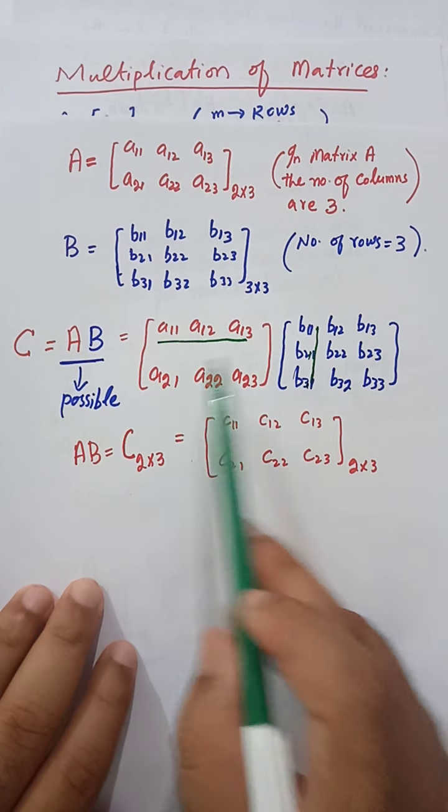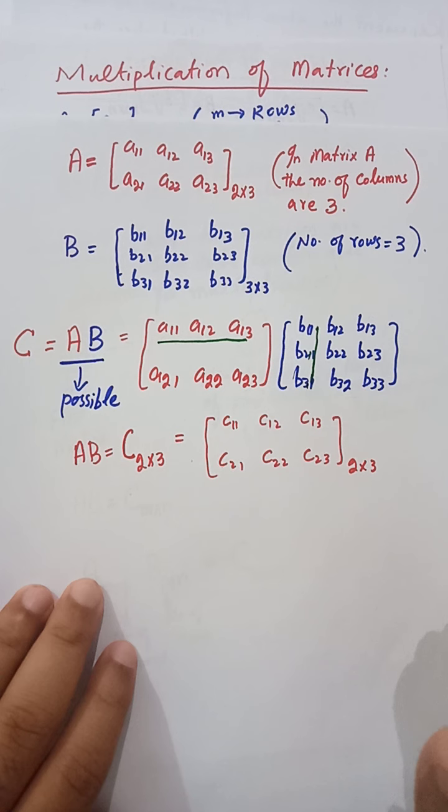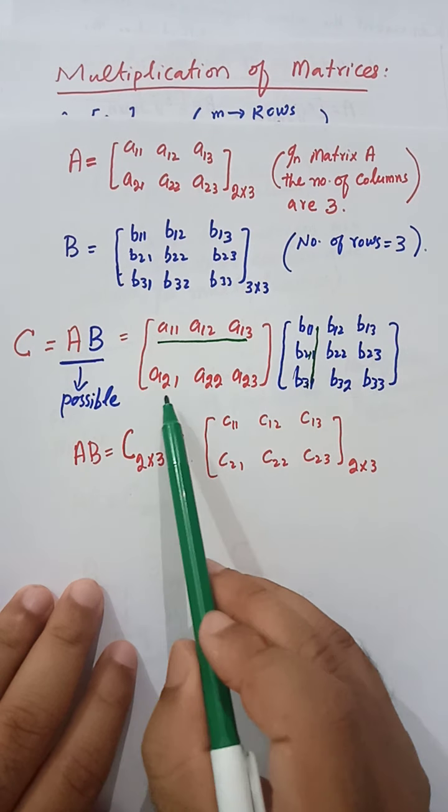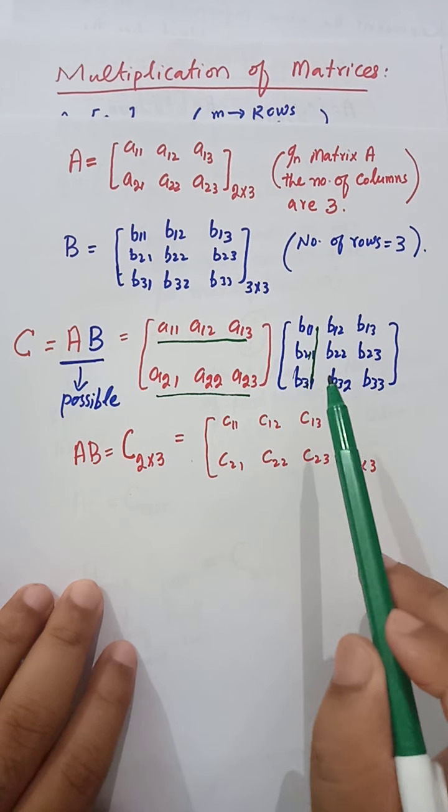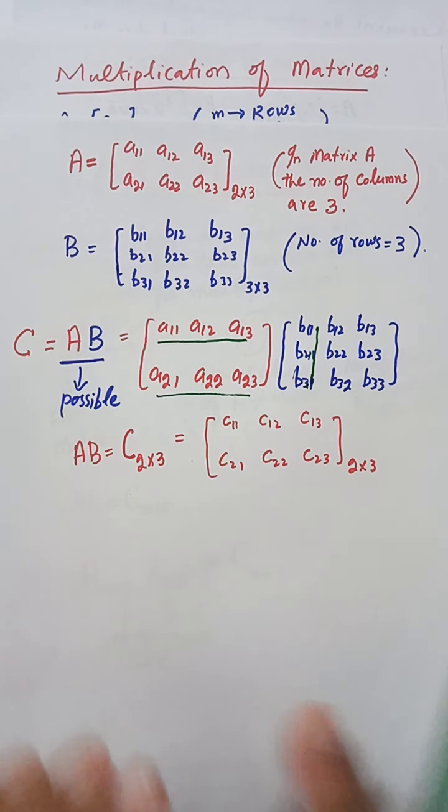When the columns are finished, you take the second row and multiply it with the columns of the second matrix one by one.